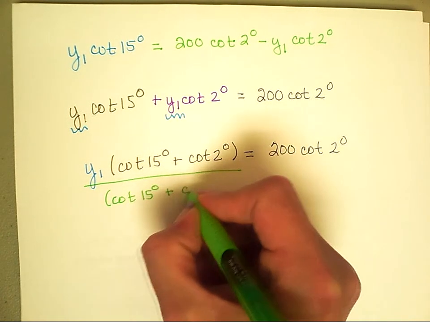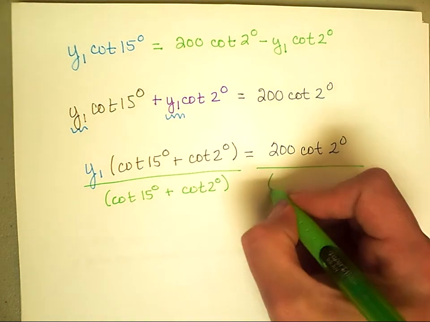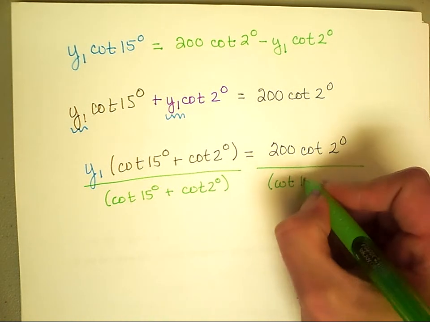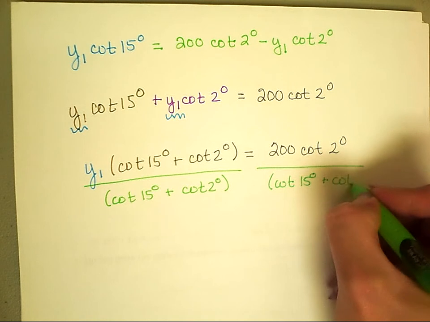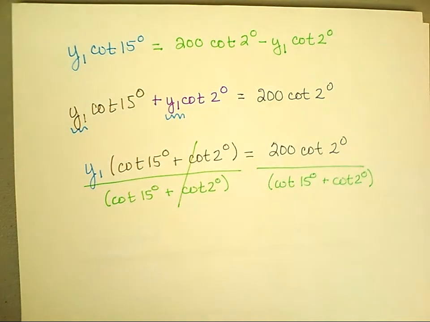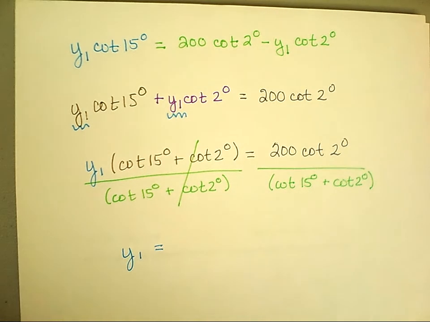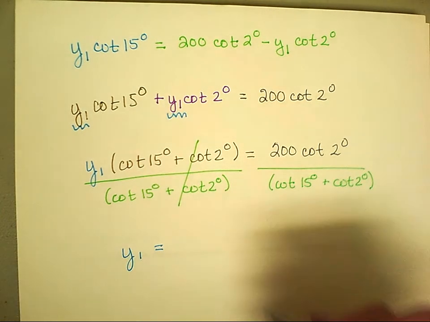And now we can just undo what's happening and divide through by this cotangent of 15 degrees plus the cotangent of 2 degrees on both sides. Now these will cancel.